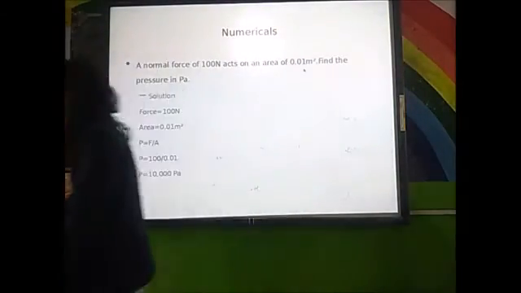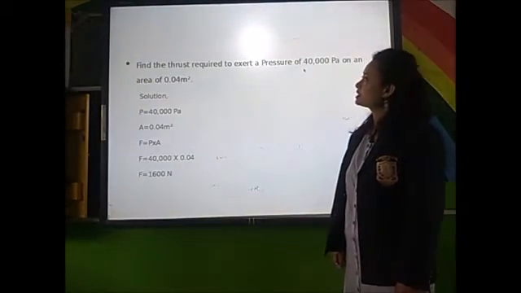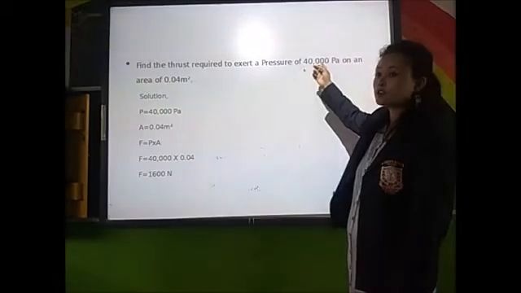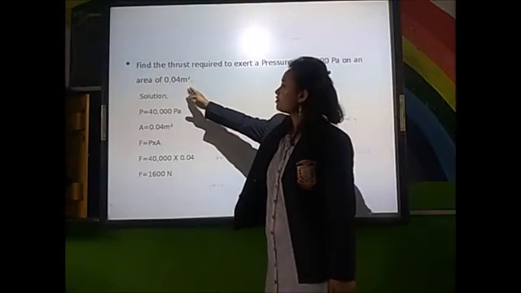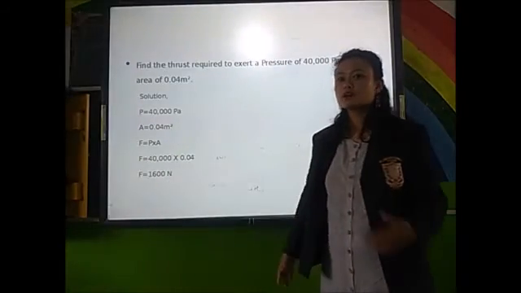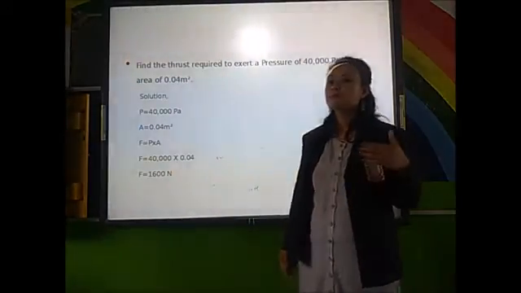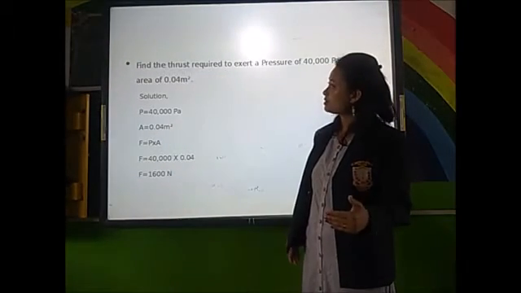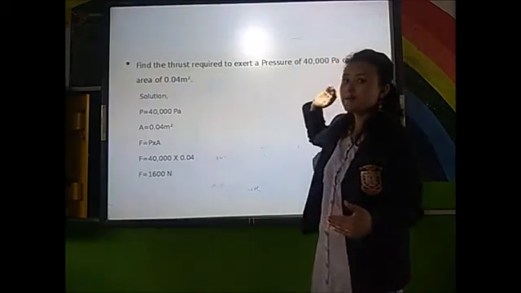The second question here is, find the thrust required to exert a pressure of 40,000 Pascal on an area of 0.04 meter square. What is it asking over here? It's asking you to find the thrust. So what is given? Pressure. How much is the pressure here? 40,000 Pascal.